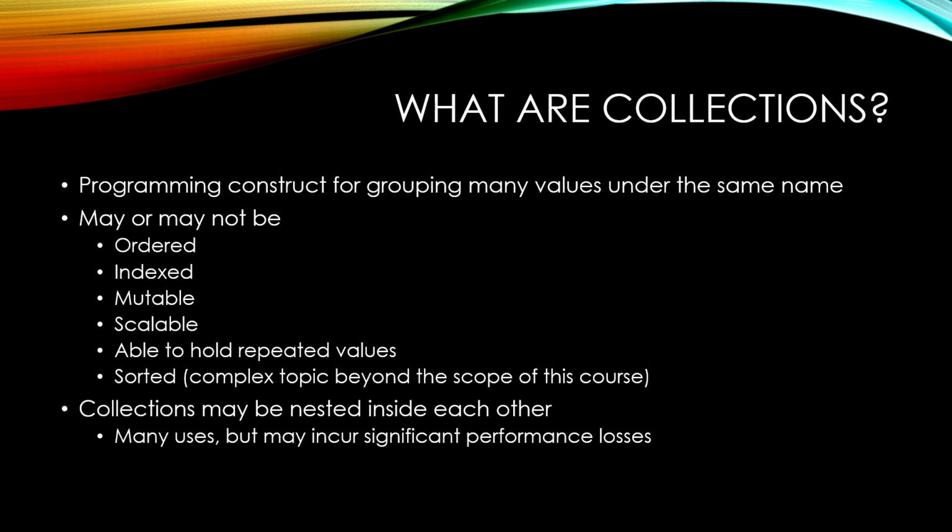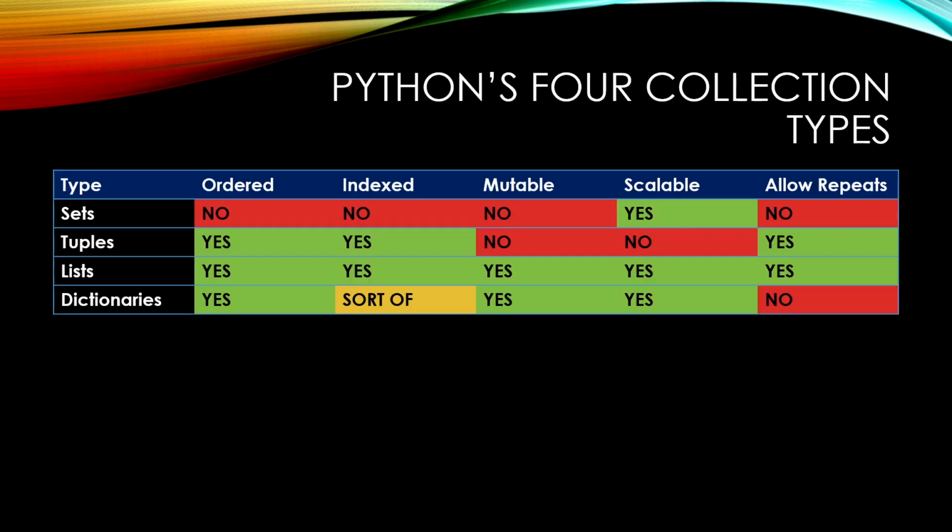Just know that they can incur significant resource usage. They can be slow to read and write to. They can take up a ton of space in a hurry. And so we have to be careful how and when we use these, but we're going to talk about exactly what they look like later.